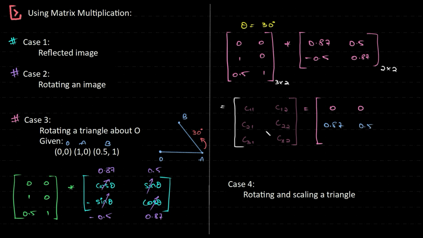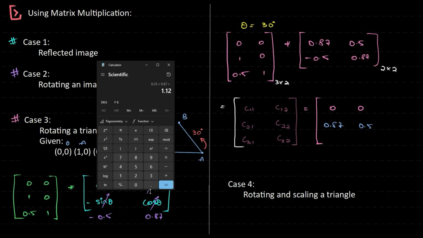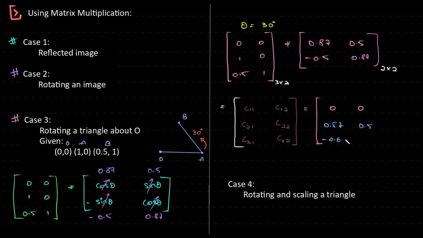Third row, first column. So 0.5 into 0.87 minus 0.5, 0.87 into 0.5 minus 0.5. That would be minus 0.065.